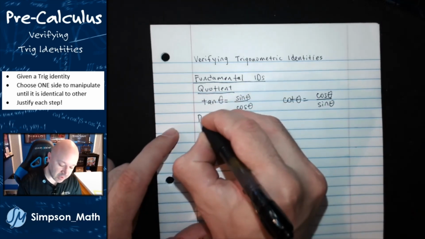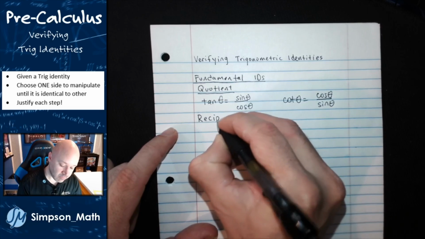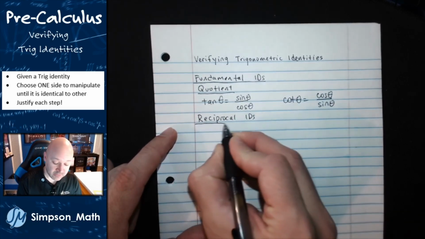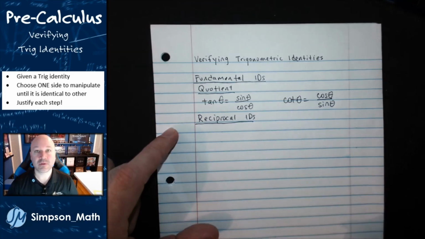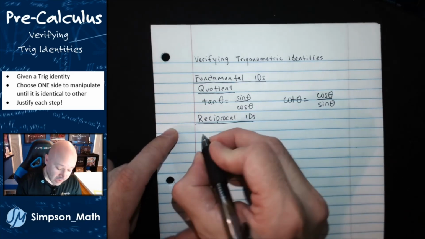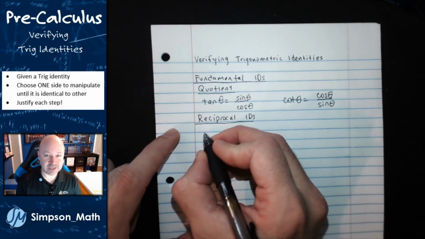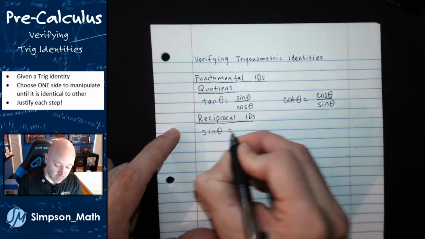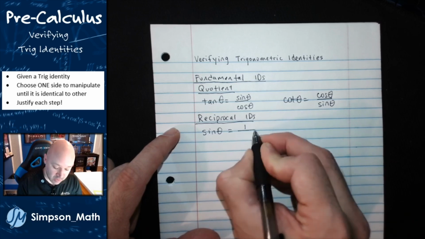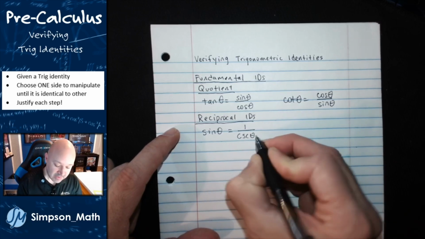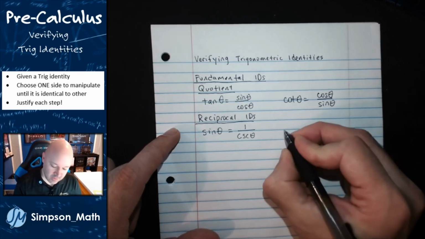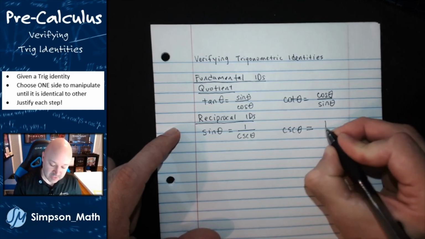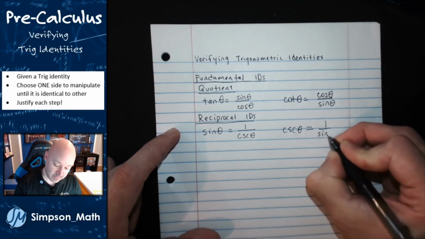We also talked about the reciprocal identities. These also came directly from the definitions, and they're the first thing we learned. Sine of an angle is the reciprocal of cosecant, and likewise, cosecant is the reciprocal of sine.